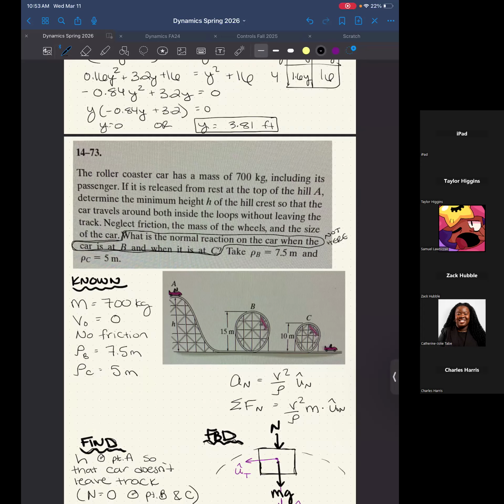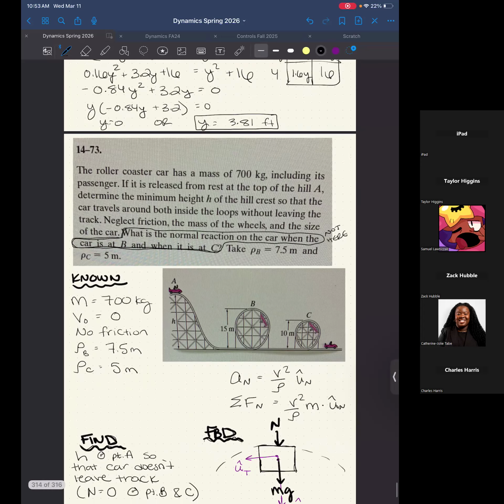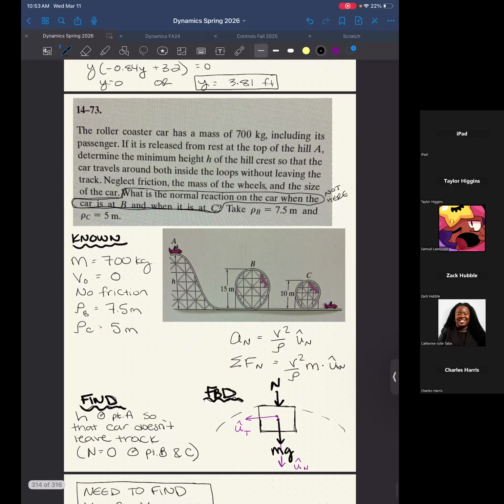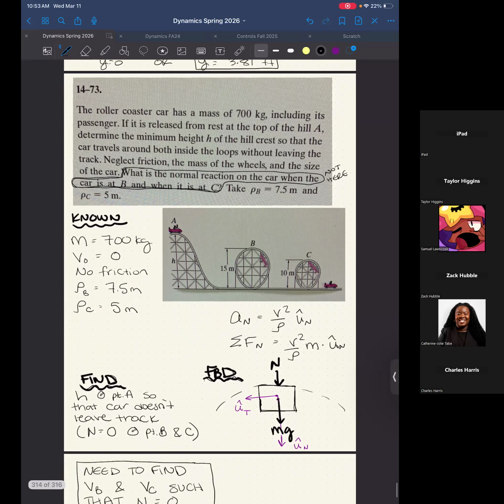So won't the normal at B just be zero? Yeah, because that's our assumption. Correct. The normal force at B would be 0, but since our height is higher than required for C, our velocity at C will be greater than the minimum required, and so our normal force will be greater than the minimum required.